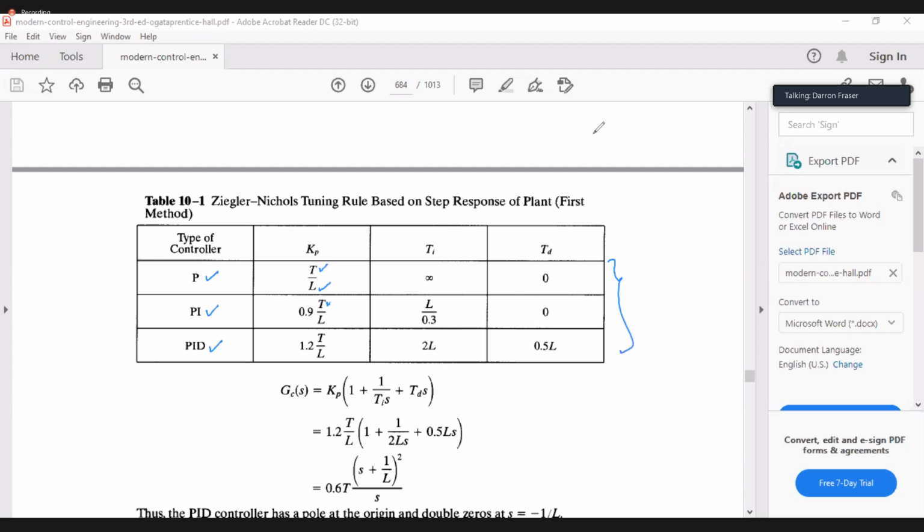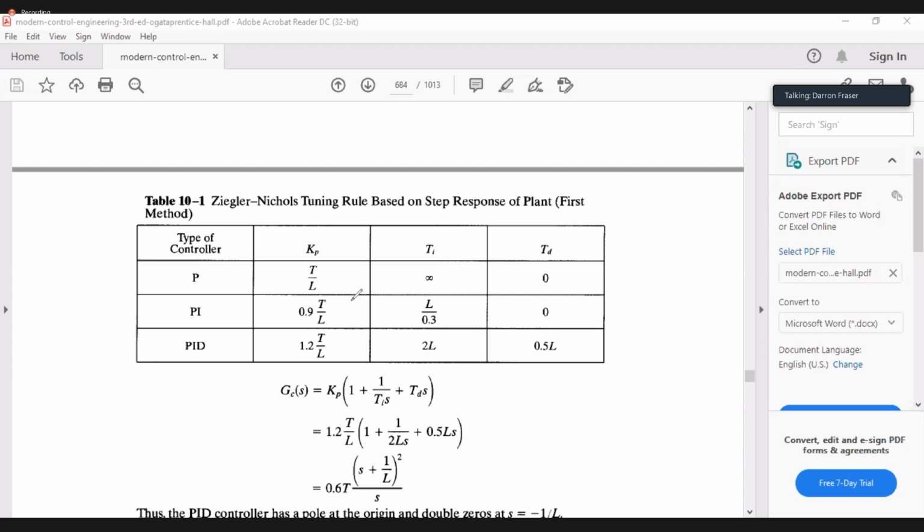Well, here is the thing. Most of the equipment that is going to use a controller comes with a P and I and D, and you fill in the values and it works.